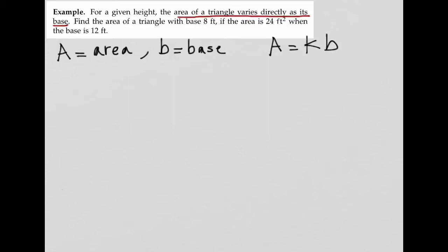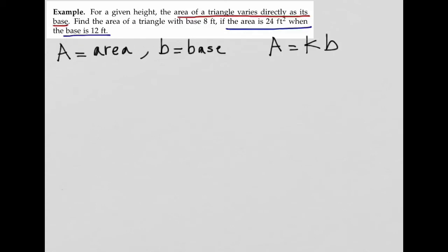Now we would like to know the area when the base is 8 feet, but unless we can find k first, we won't be able to do that. That's why they give us the information that the area is 24 square feet when the base is 12 feet.